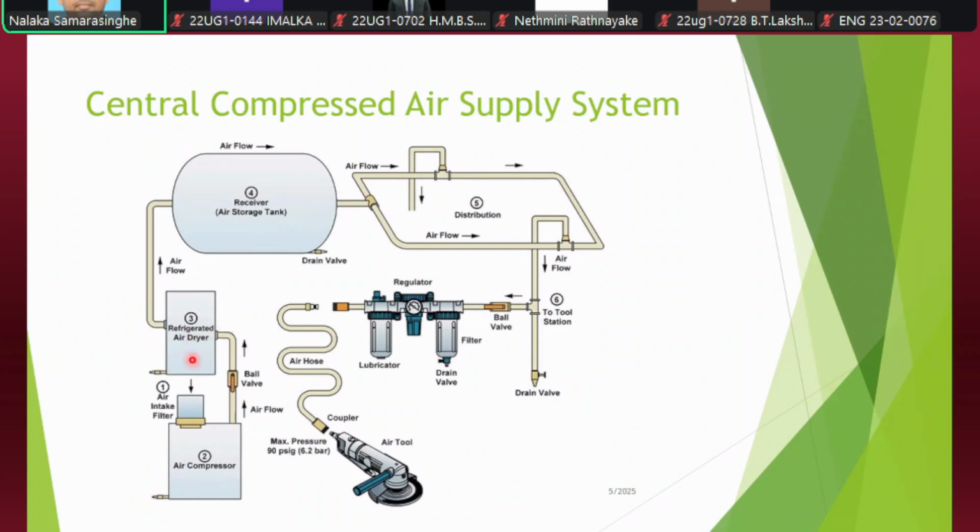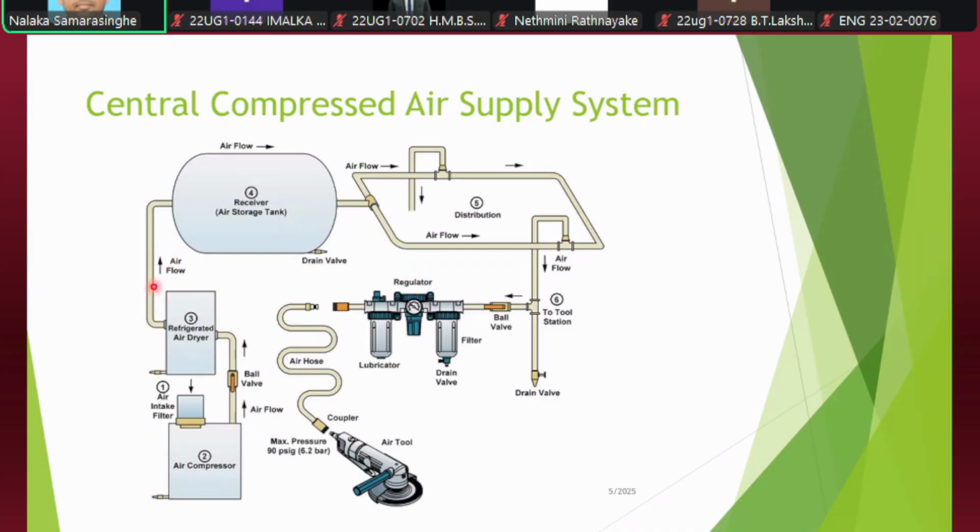Usually we use the refrigerated air dryer unit to separate the moisture out. When the compressed air passes through the refrigeration dryer unit, the water gets condensed and the moisture can be removed. What you get out of this is relatively dry air, because you can't completely remove the moisture content.